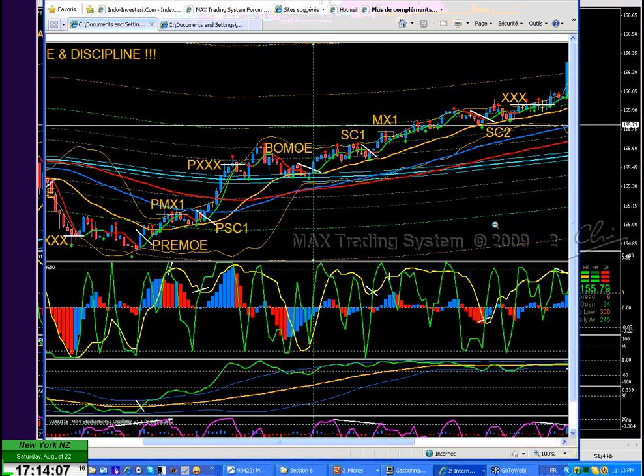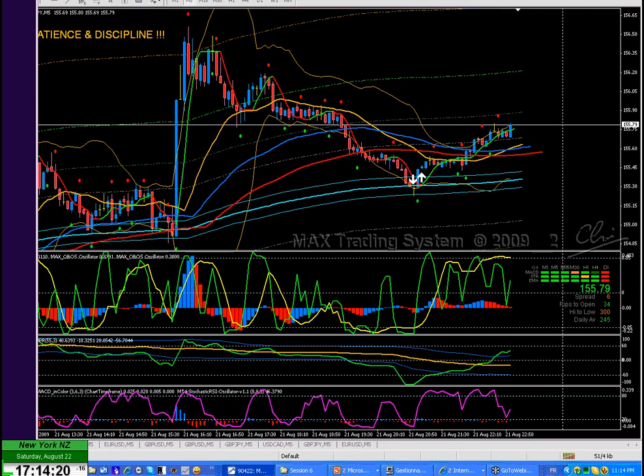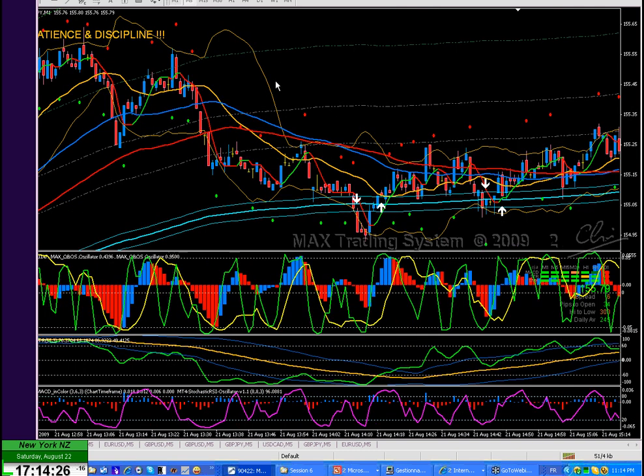If you want to see the definition of the tiger tunnels, you go to a 1-minute time frame. Let me show you an example. Here you have the pound yen. You go in the 1-minute time frame. You see here you have now 2 gray tiger tunnels. Okay?